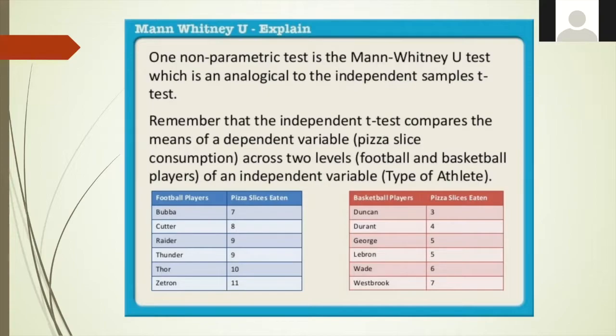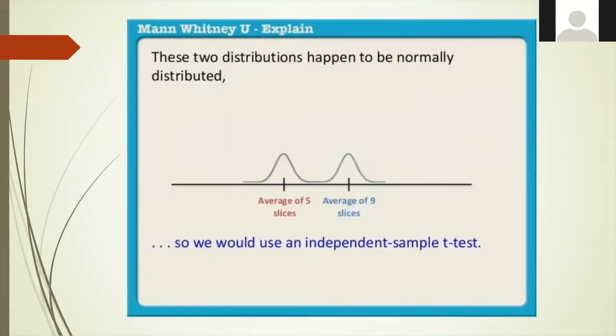The first athlete is football player, and the second athlete is basketball player. These two distributions happen to be normally distributed, with an average of 5 slides and an average of 9 slides. So we should use an independent sample t-test.